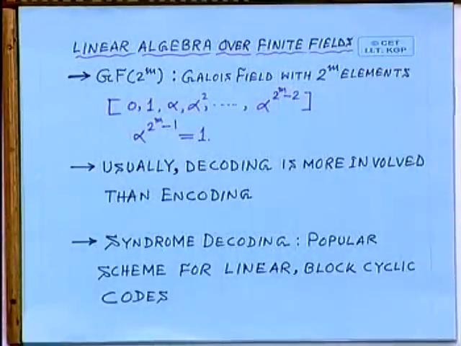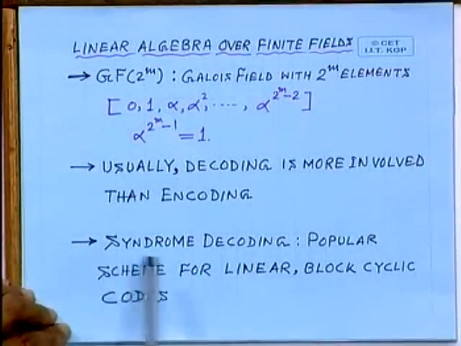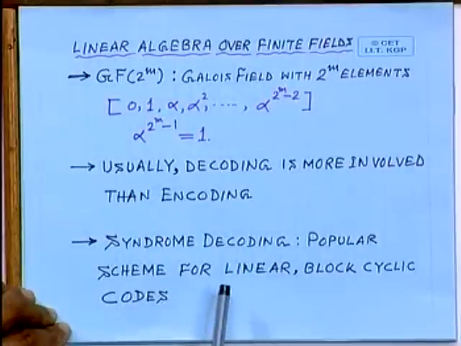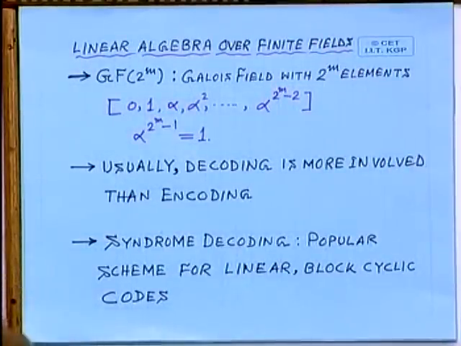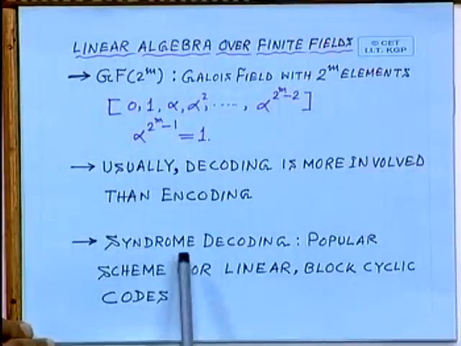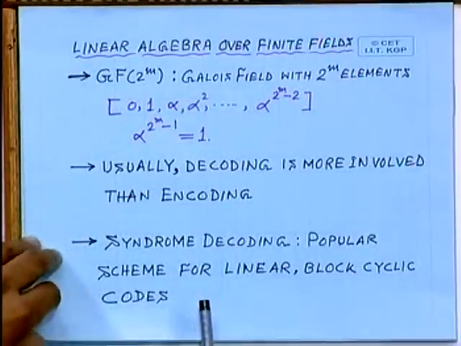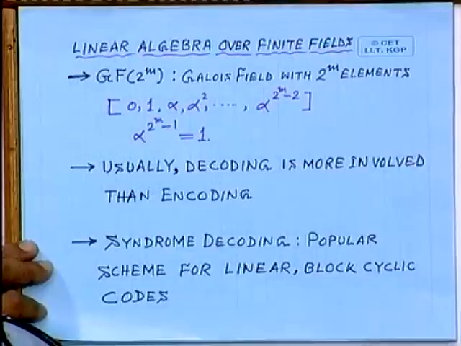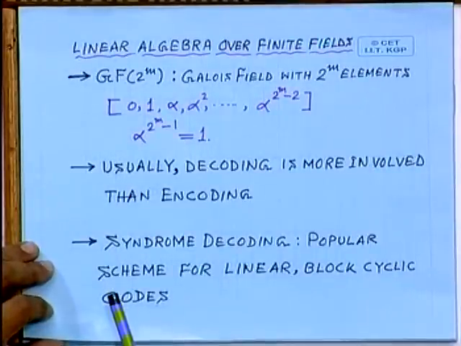There is a popular family of decoding schemes known as syndrome decoding, which is extensively used for decoding linear block cyclic codes. The Hamming code that we will discuss, I shall put in the form of a cyclic code. So this syndrome decoding, which I will just briefly mention, you will try to apply for decoding the Hamming code.